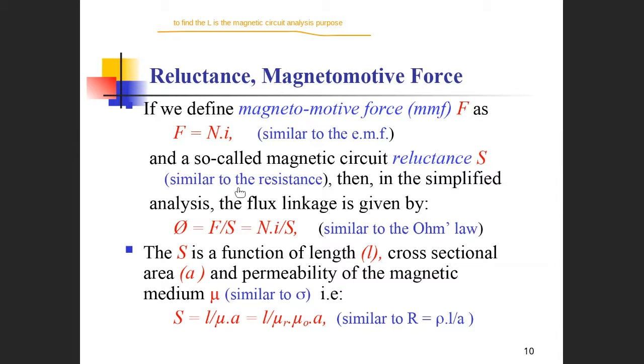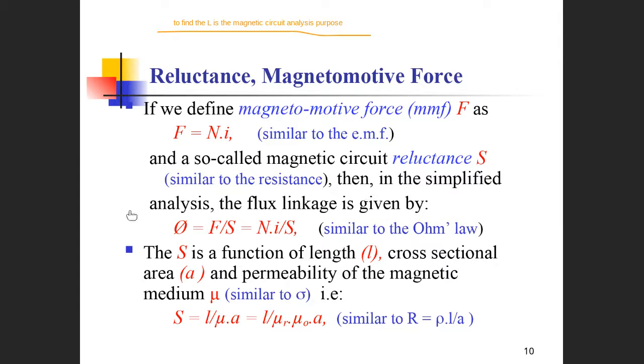Reluctance is an opposition that blocks the magnetic field from going through, just like resistance is the opposition that blocks the current through conductors. Reluctance is a kind of magnetic opposition that blocks the flux through a given area.